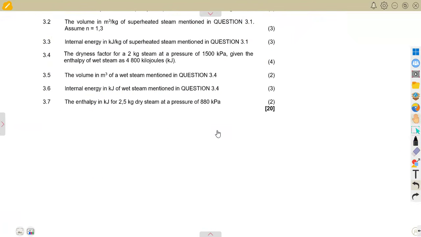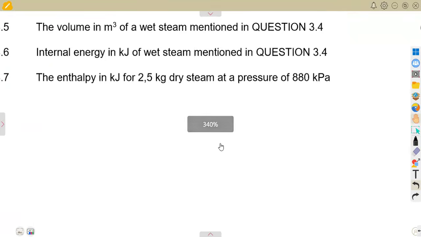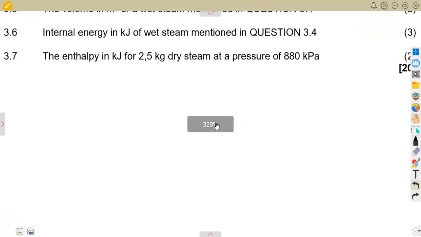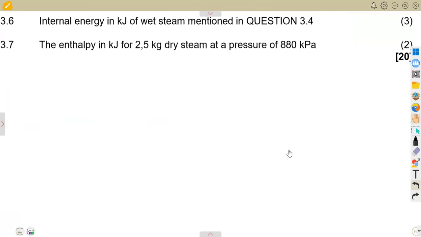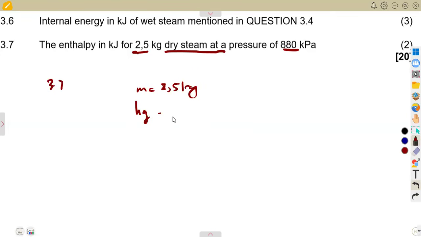On 3.7, they are saying we need the enthalpy of 2,5 kilograms of dry steam at a pressure of 880 kilopascal. We're given the mass of 2,5 kilograms, but it's a dry steam, it's not wet. So the enthalpy of dry steam is Hg.